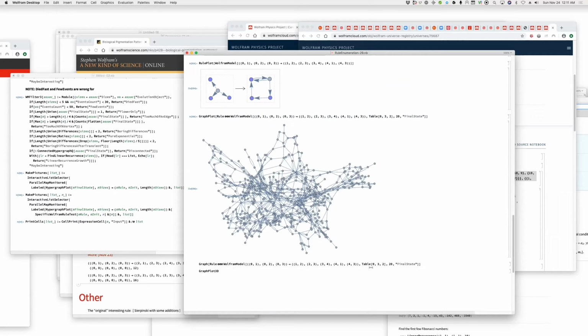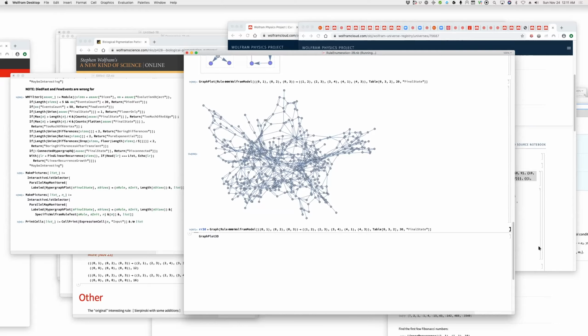Can you also check what the vertex degrees are? Yes. Hold on, let's just run it that number of steps. Okay. How do I do the vertex degrees?